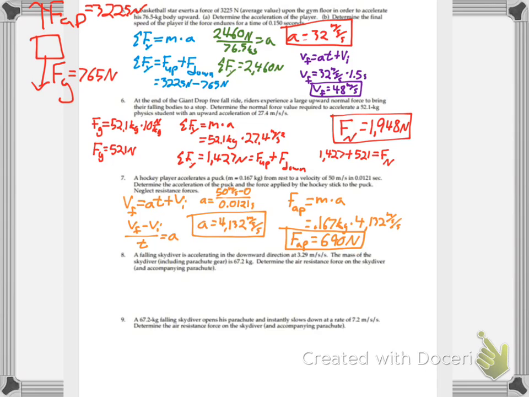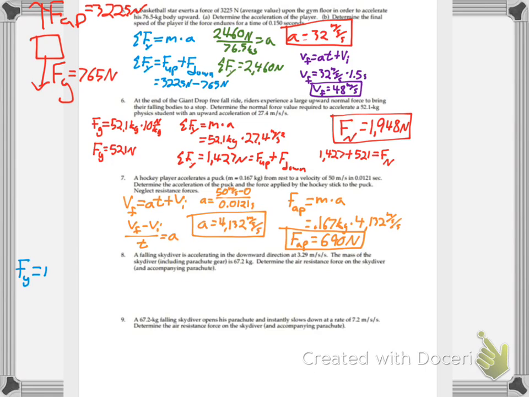Next problem, we have a skydiver accelerating downward at 3.29 meters per second per second. We're given the mass of the skydiver. Determine air resistance on the skydiver and his parachute. First we're going to want to find his force due to gravity, which again is just mass times gravity.